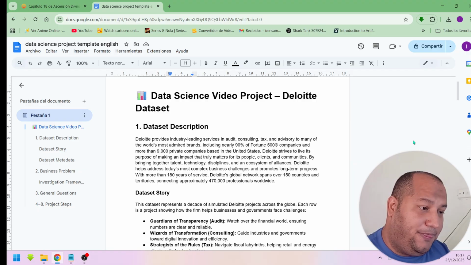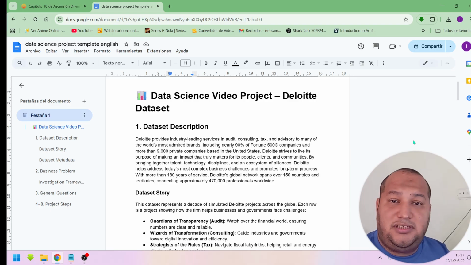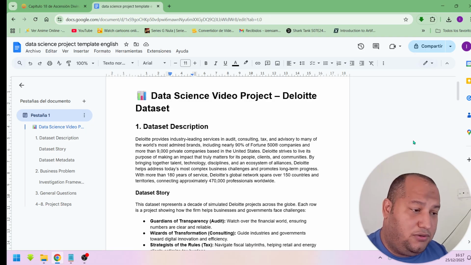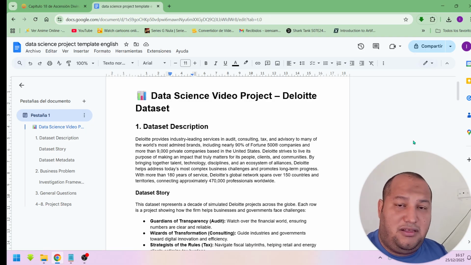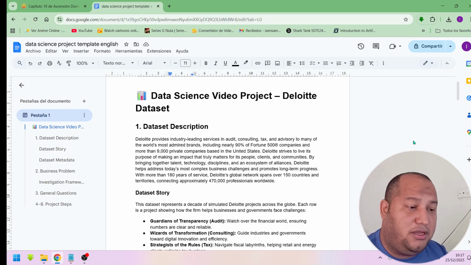So we have the data science project. We're going to use a company called Deloitte. I don't know how to pronounce that. So step number one will be the description. In this case, it's the description of the company, but when you are working, you don't need to do this part. This is for the project part.